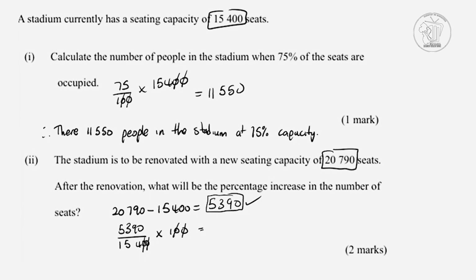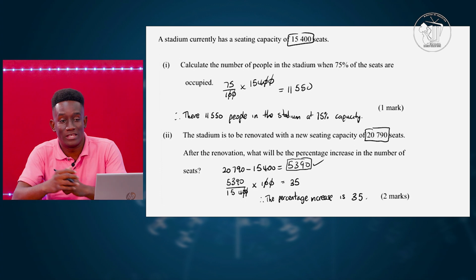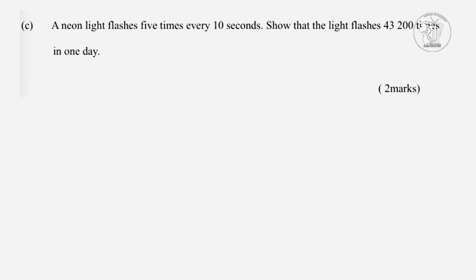So now we have 5,390 divided by 154, and that would give us 35. So we can say, therefore, the percentage increase is 35 after the renovation, and that will give us our 2 marks. So just find the difference and then you find the percentage. So let's look at another question.